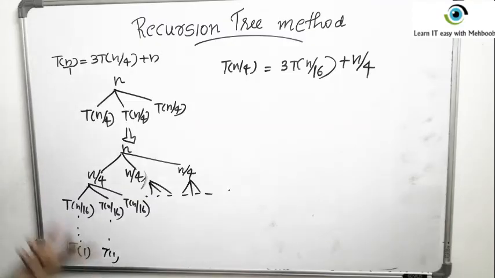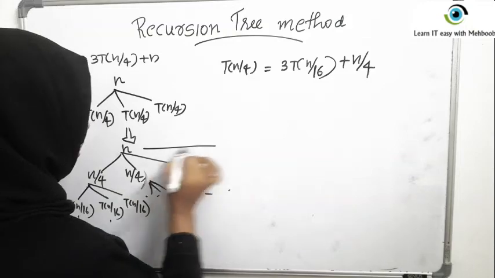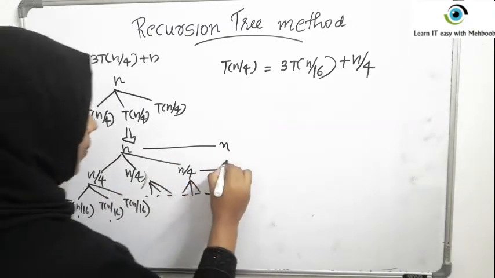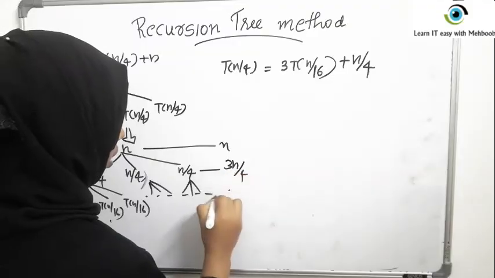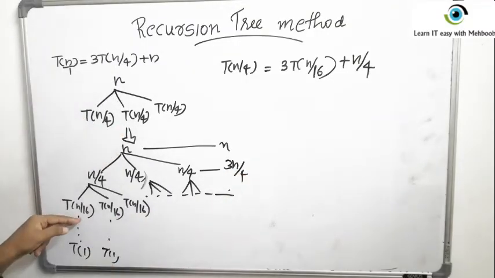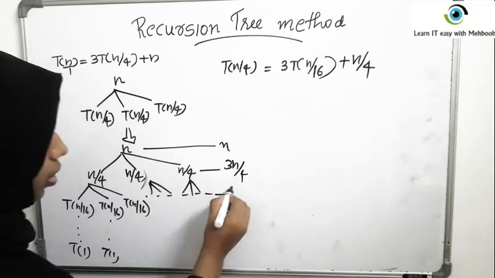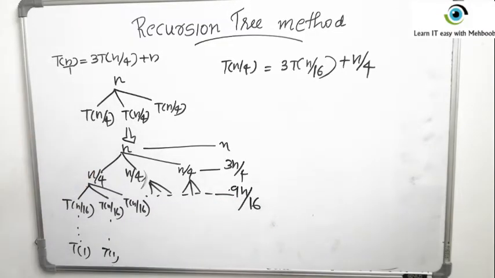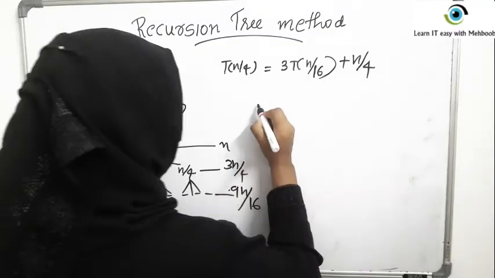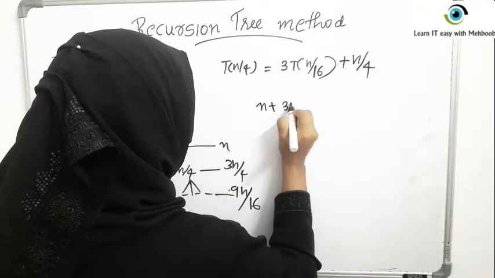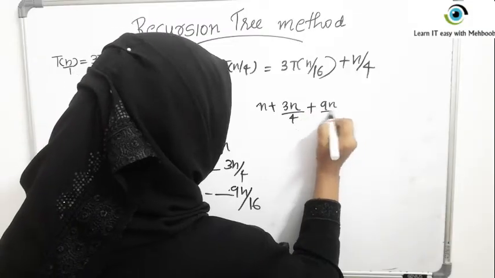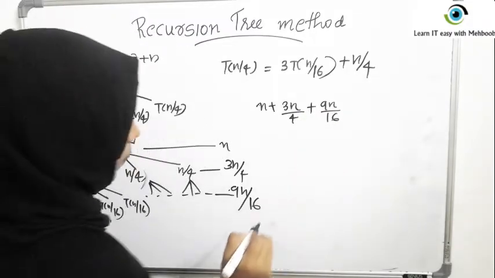Okay, so we will take the cost at each level. So here it is n, here it is 3n by 4. Here it will be n by 16, so 9n by 16, and it goes on. Now the total cost is n plus 3n by 4 plus 9n by 16, and it goes on.